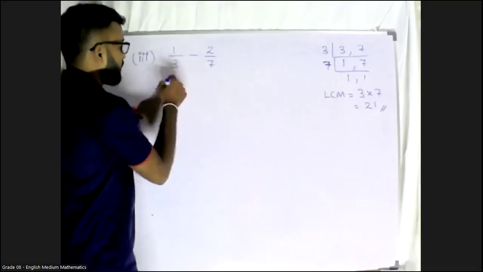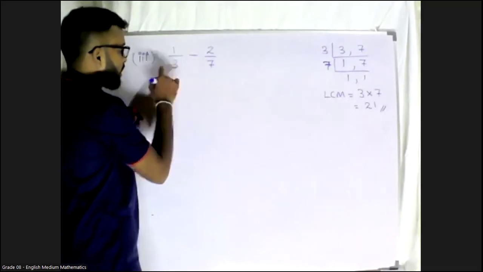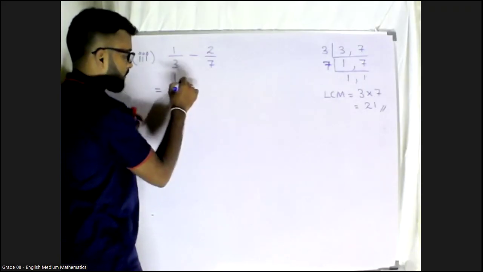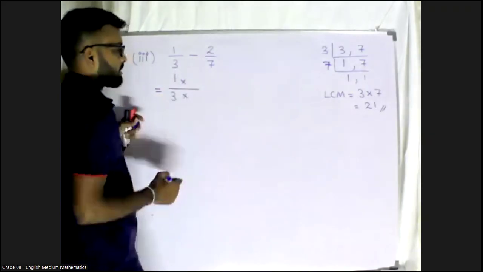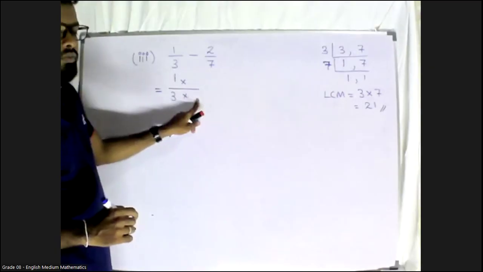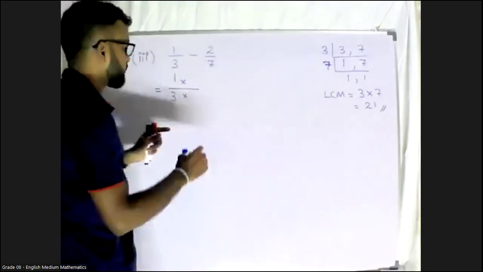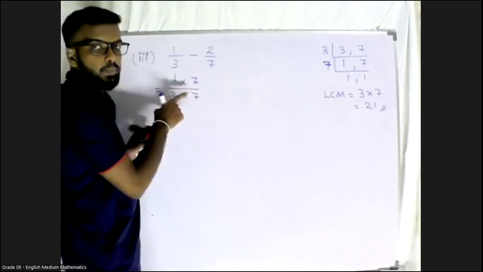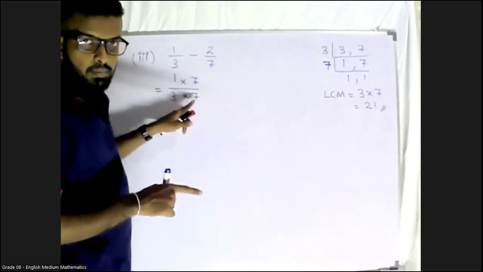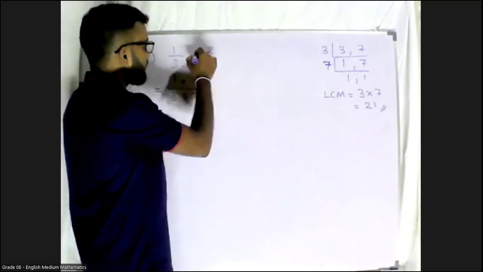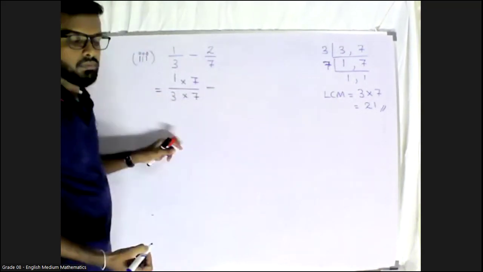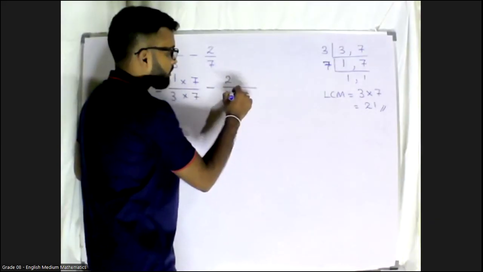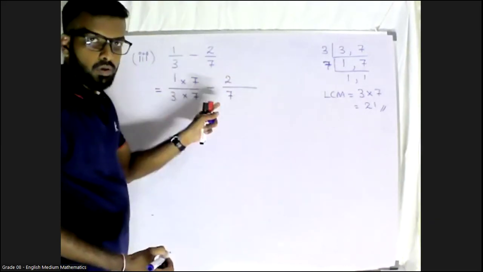And here you have 1 upon 3 now. I will write 1 upon 3. Multiplication. And 3 into 7 equal to 21. So both numerator and the denominator should be multiplied by the same number, right? And here you have minus. Rewrite this 2 upon 7.